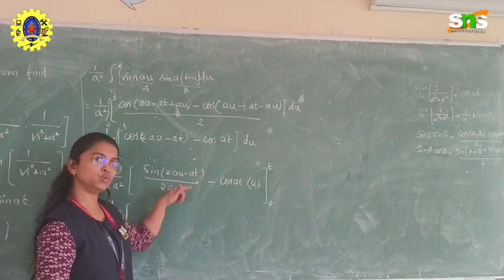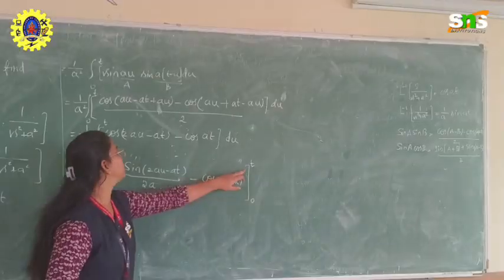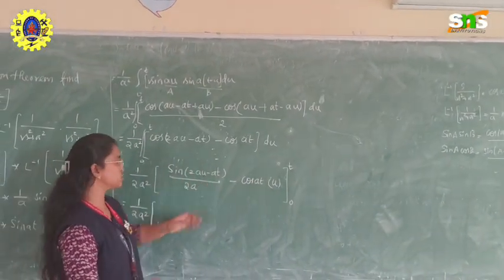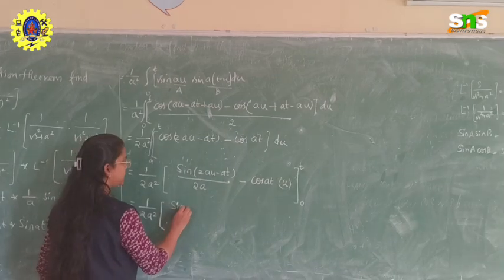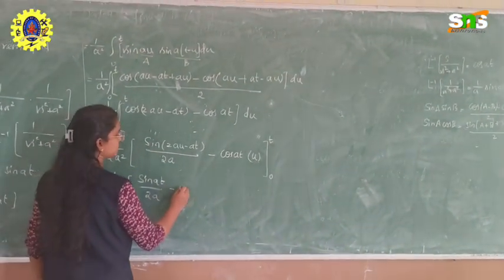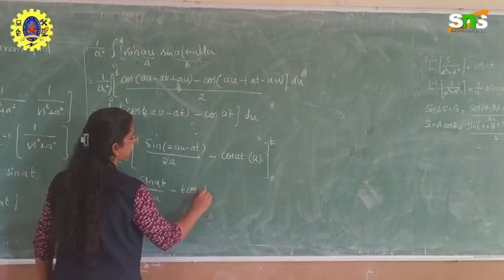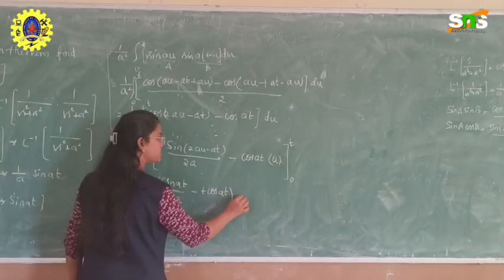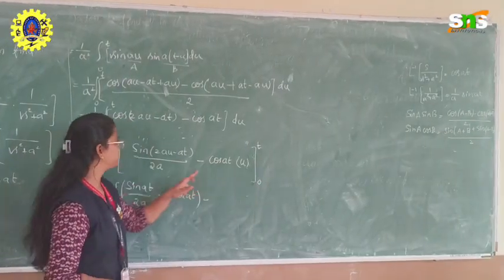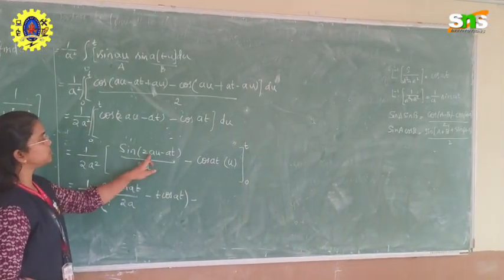You have to substitute u with t. So 2at minus at, which is at. So sin at divided by 2a, minus t cos at. This is your upper limit substitution. Minus the lower limit, where u is 0. So here I'm substituting u as 0.